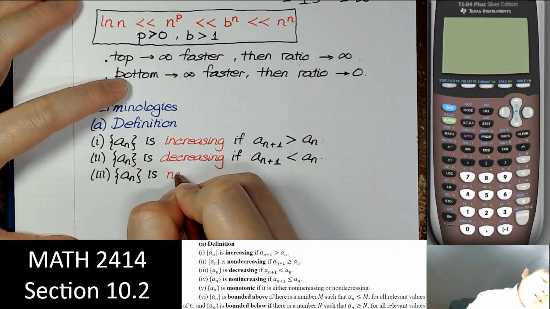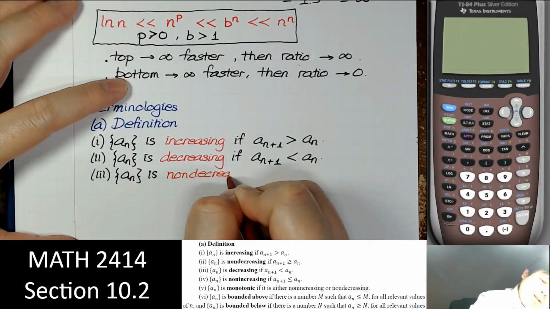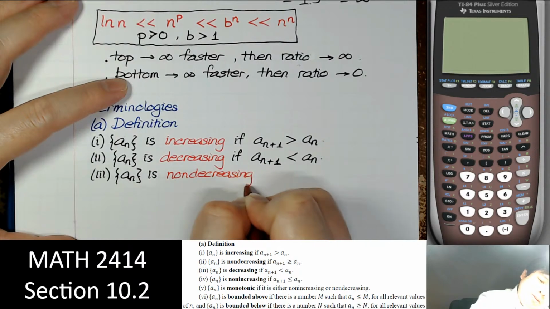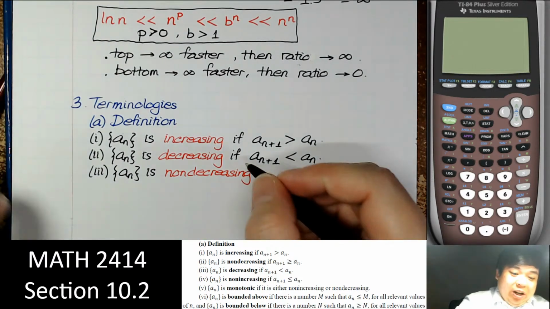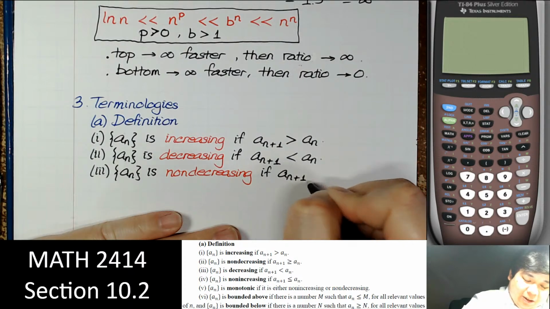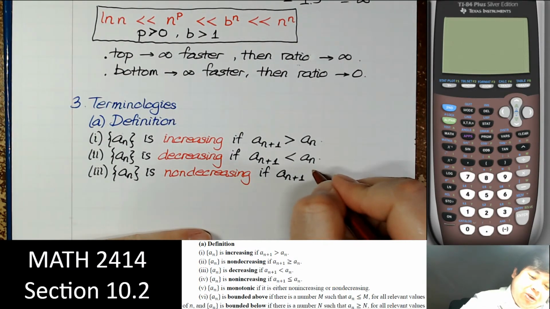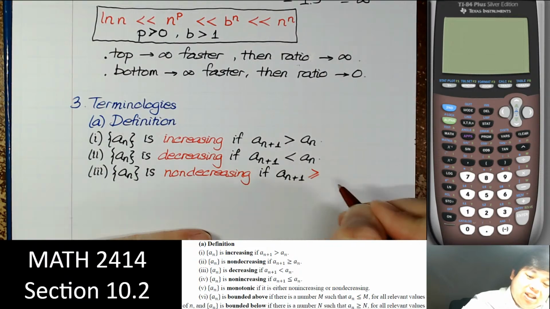Non-decreasing. I write it down without reading the note. Right. Non-decreasing meaning that it is increasing or flat, not decreasing.